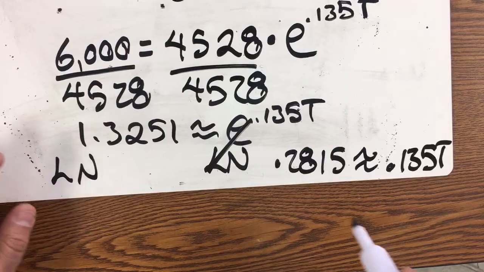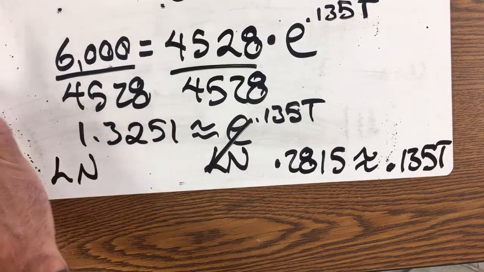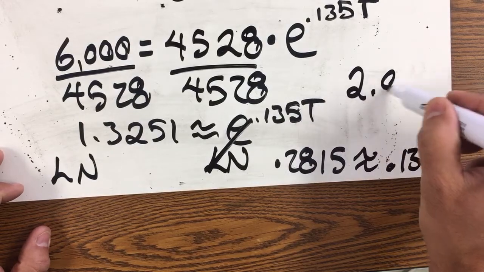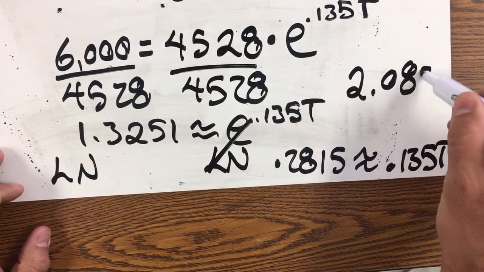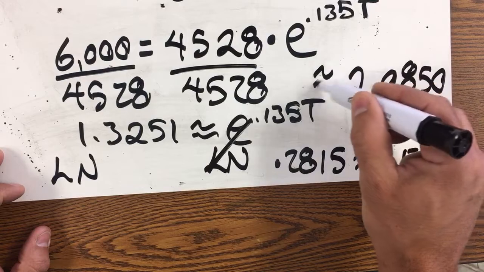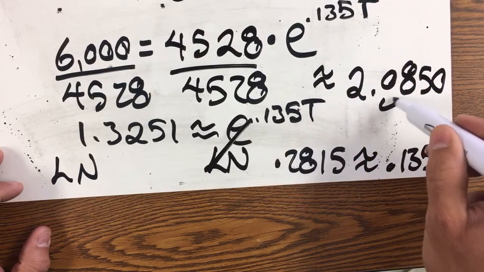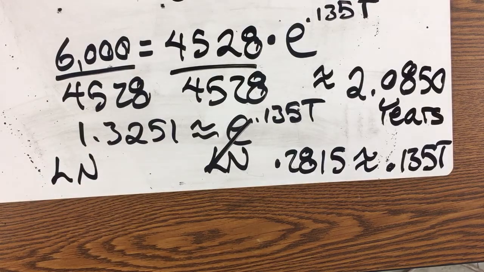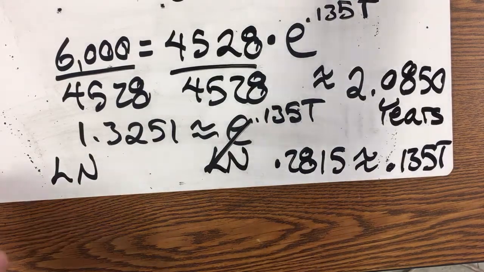So I'm going to divide by 0.135, and it tells me 2.0850. And this is in years because it didn't tell me otherwise. So that's what we're going to do today.